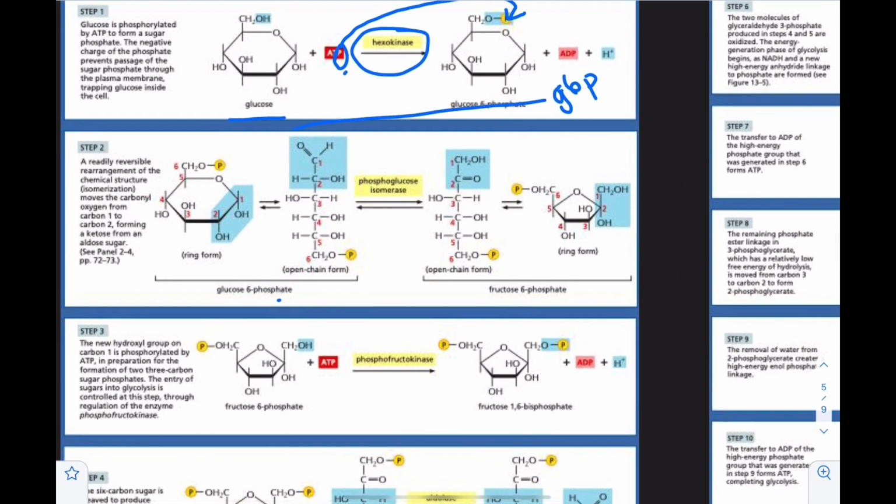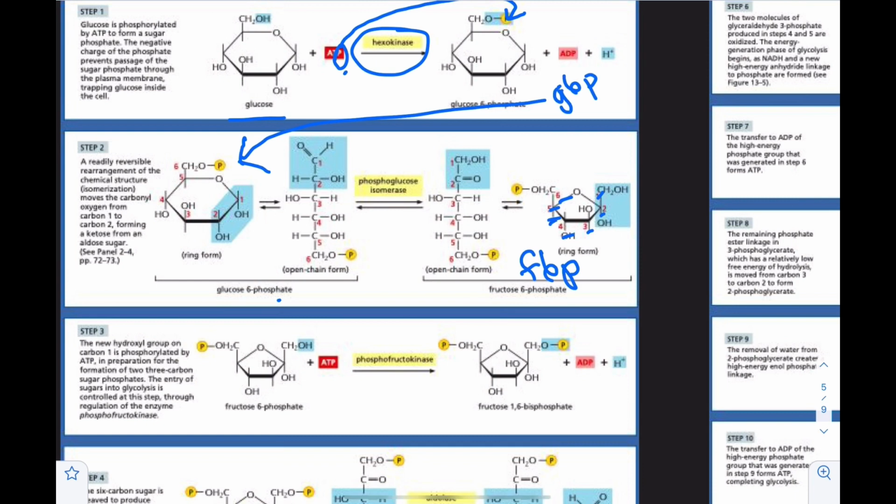And that happens, G6P here is changed into its isomer fructose 6-phosphate, F6P. Now, as I told you in class, an isomer is a molecule with the same chemical formula but different structure. And as you can see, they both have 6 carbons, the same amount of carbons, oxygens, and hydrogens.